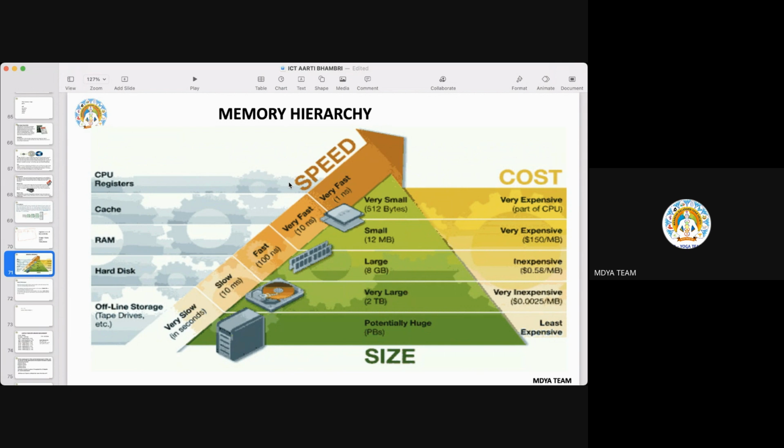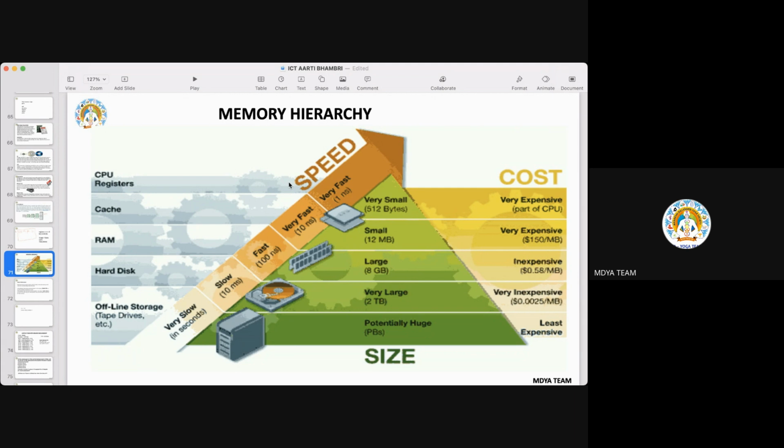They will give the names of some memories, and in the choices they ask how the speed is. They'll give you the options in ascending order, descending order, or whatever order, and you have to match. You have to choose the most correct one.